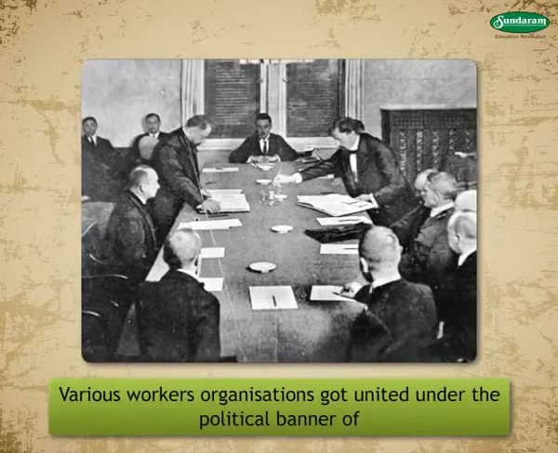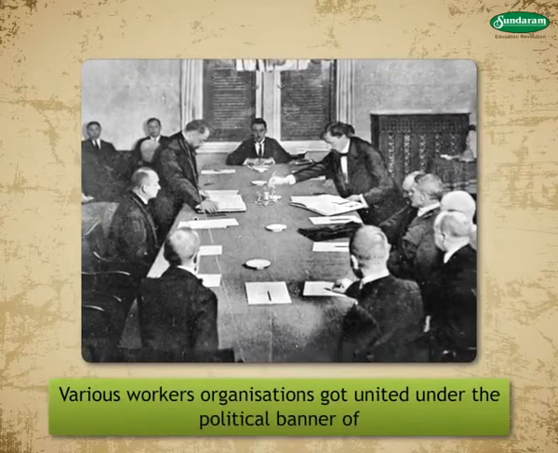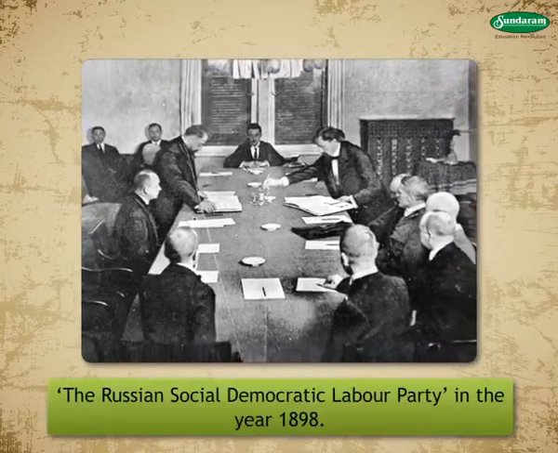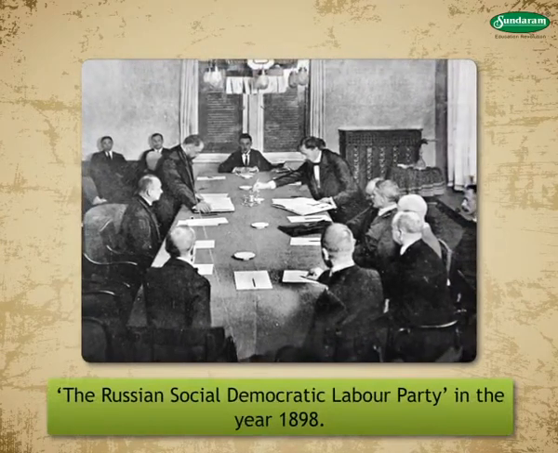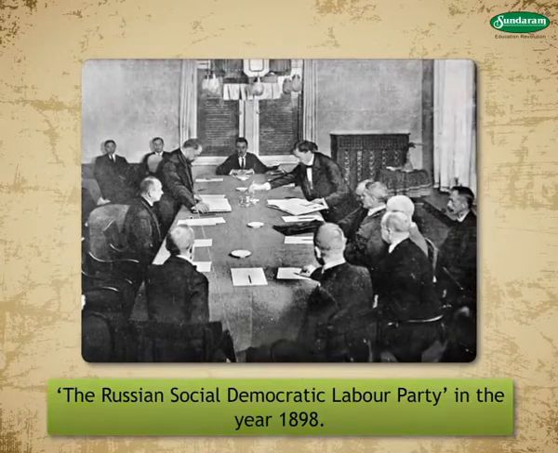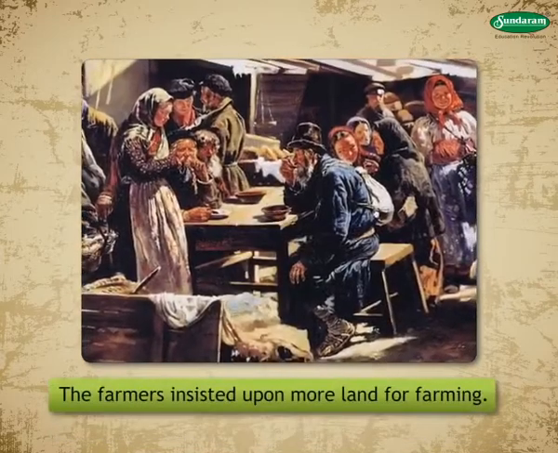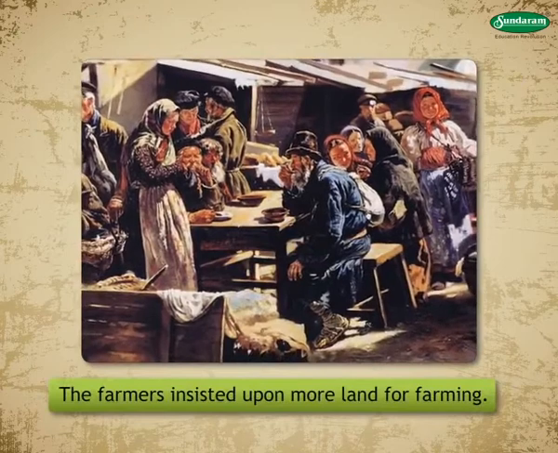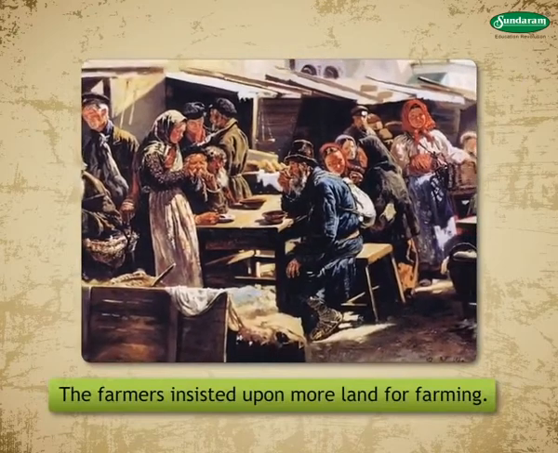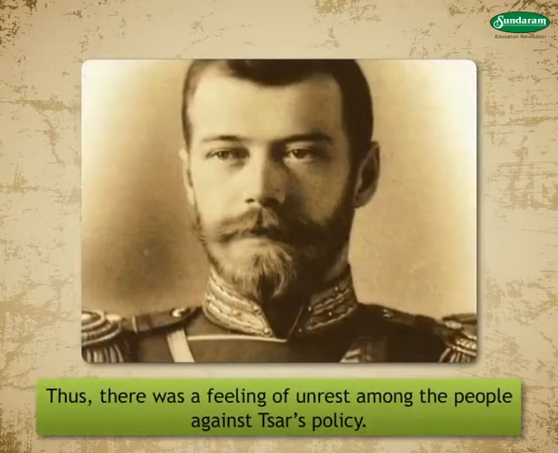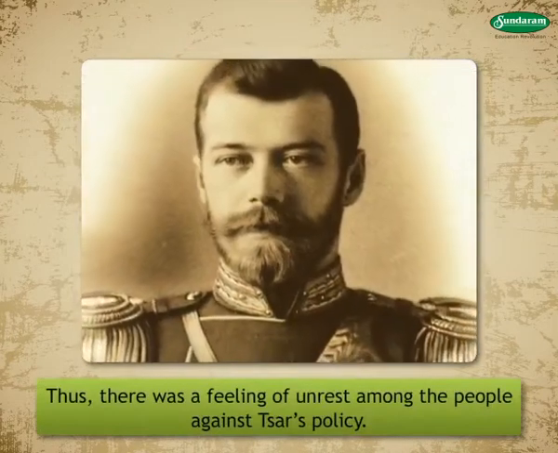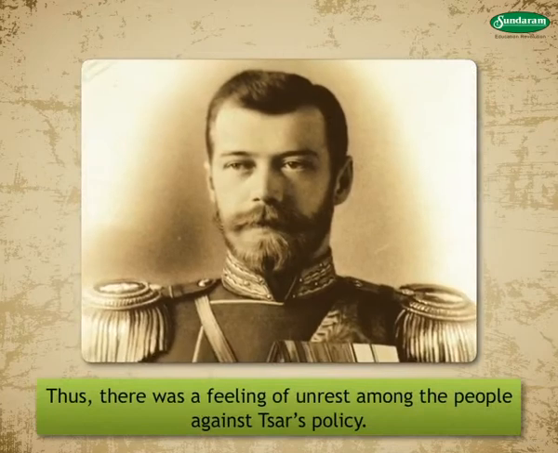Various workers' organizations got united under the political banner of the Russian Social Democratic Labour Party in the year 1898. The farmers also insisted upon more land for farming as the demand for food grain had gone up. Thus, there was a feeling of unrest among the people against the Tsar's policy.